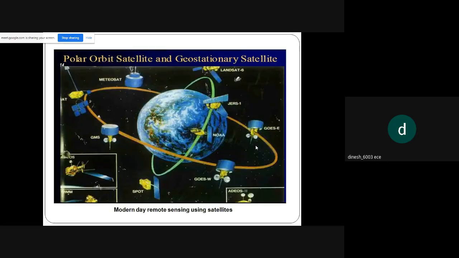This is modern day remote sensing using satellites, which we had discussed in our earlier classes also.